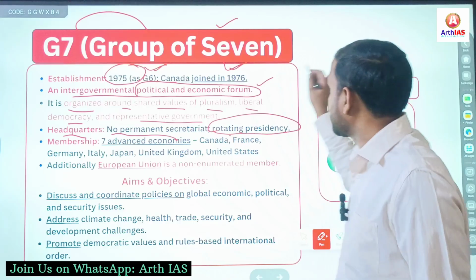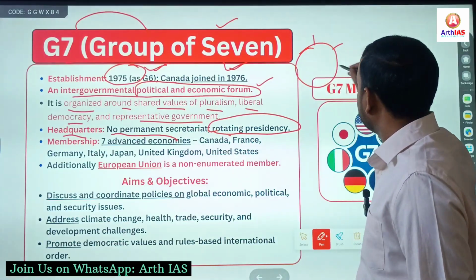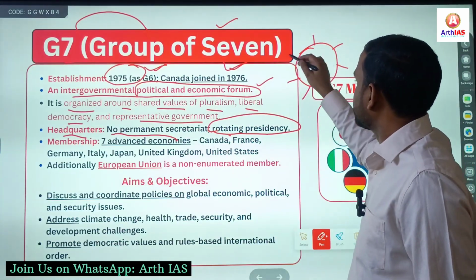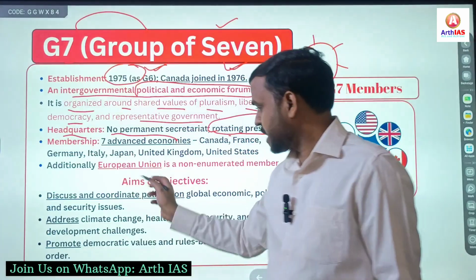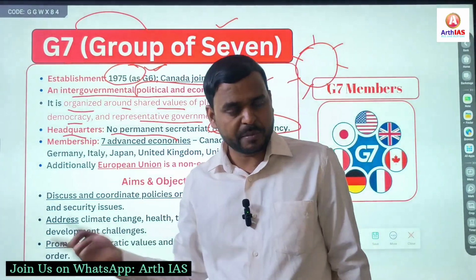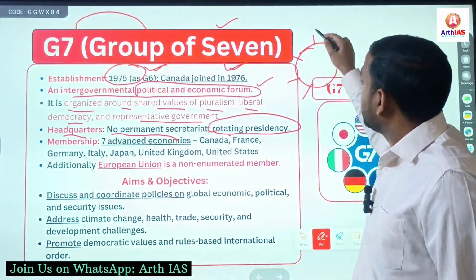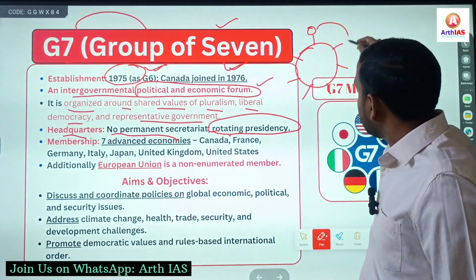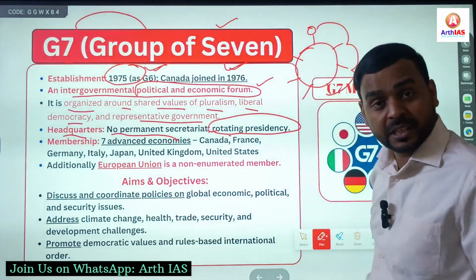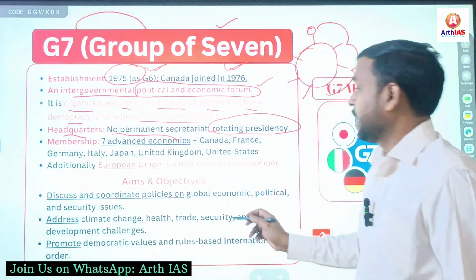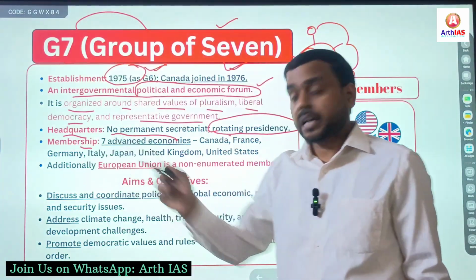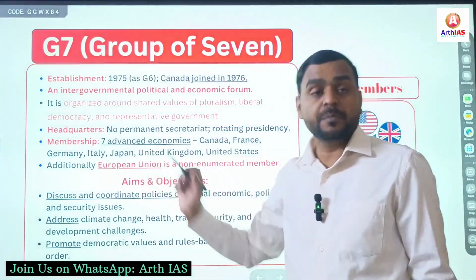Rotating presidency means, for example, there are 7 countries, 1, 2, 3, 4, 5, 6, 7, right? We will see the names of members. So, the presidency is based on rotation, right? Now, the 7 member countries, this is very important. The names are very important, right?